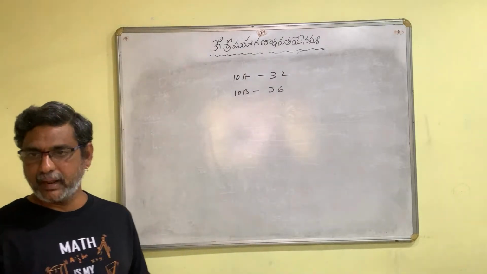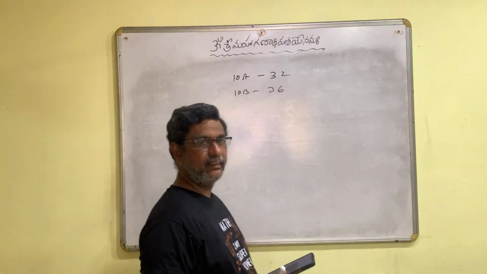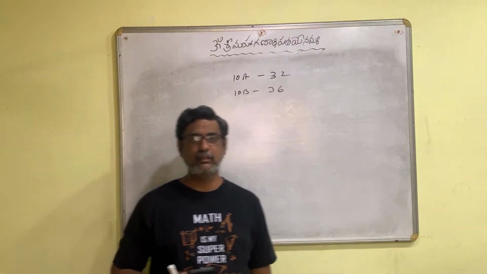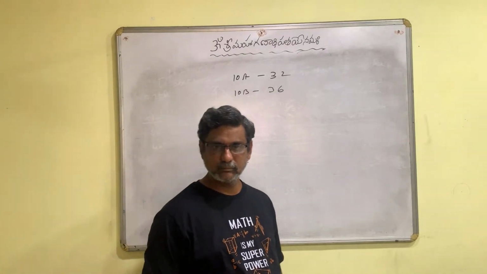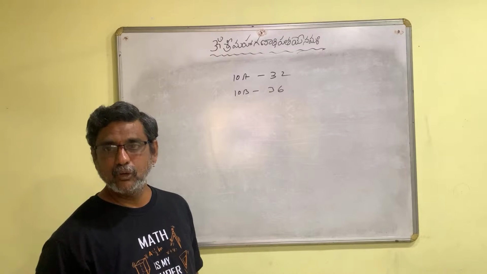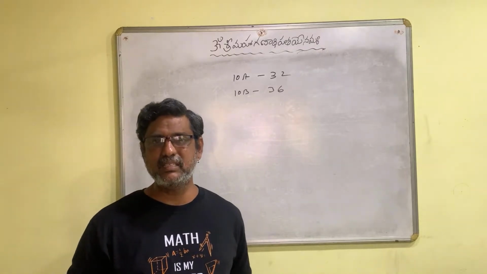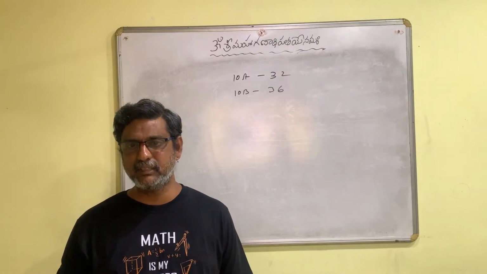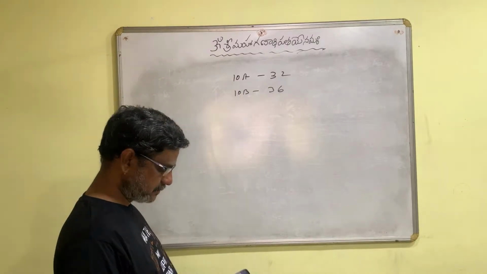So how many books are needed so that each and every student will get the same number of books in both the sections? So what to do for that? LCM. Yeah, find out LCM, children. Find out LCM for 32 and 36.